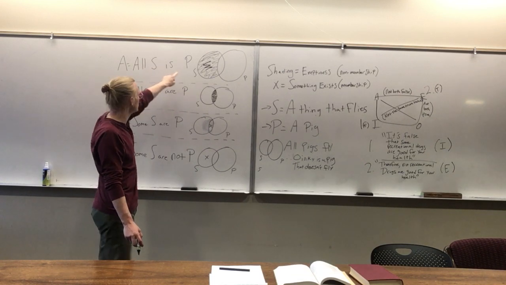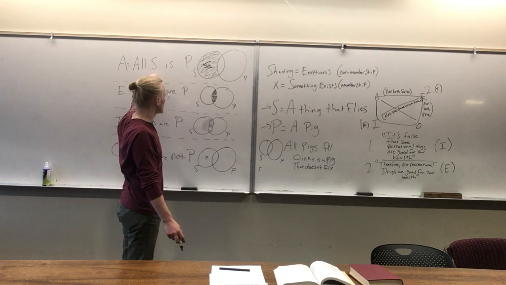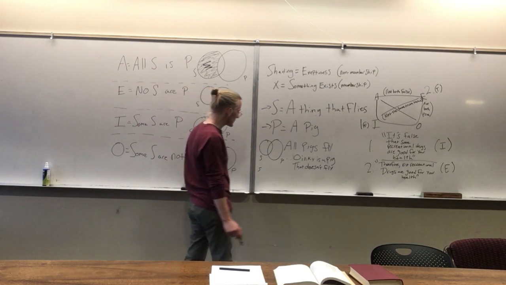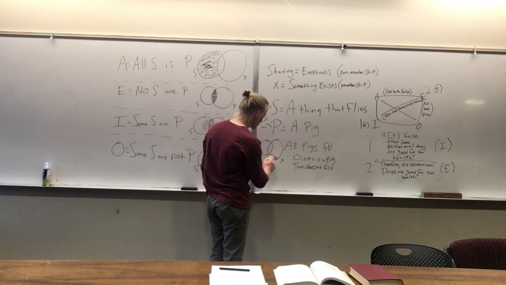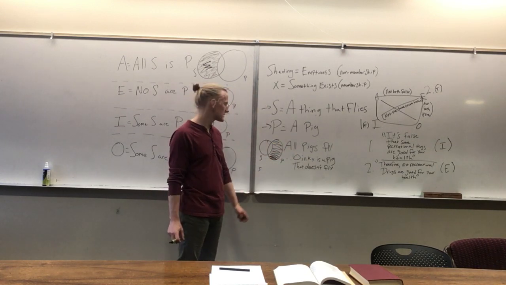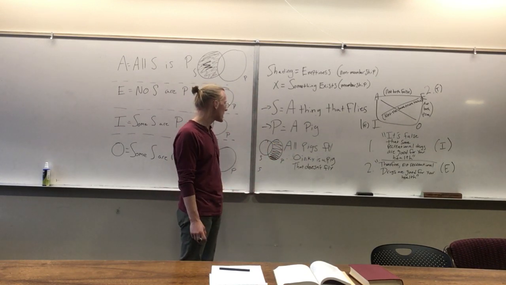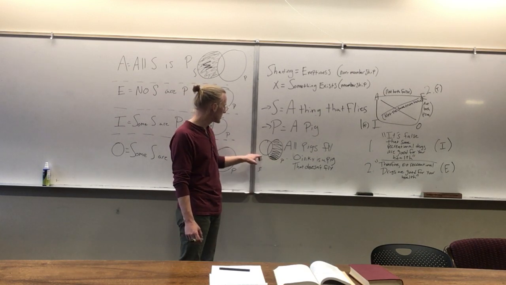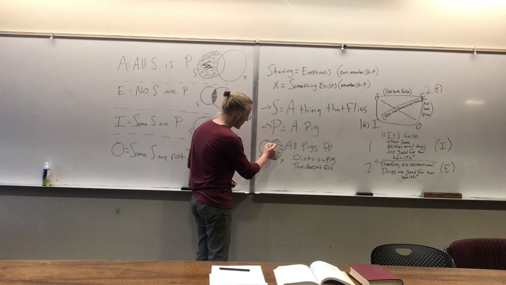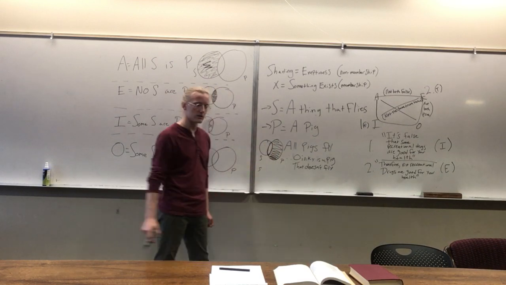If something is a P, then it's also an S. So there's no such thing as a P that's not an S. There's no such thing as a pig that doesn't fly, because all pigs fly. And so if something is a pig, then it also has the property of S, which means that all of the P's that exist, if they are to exist, live here in the middle.